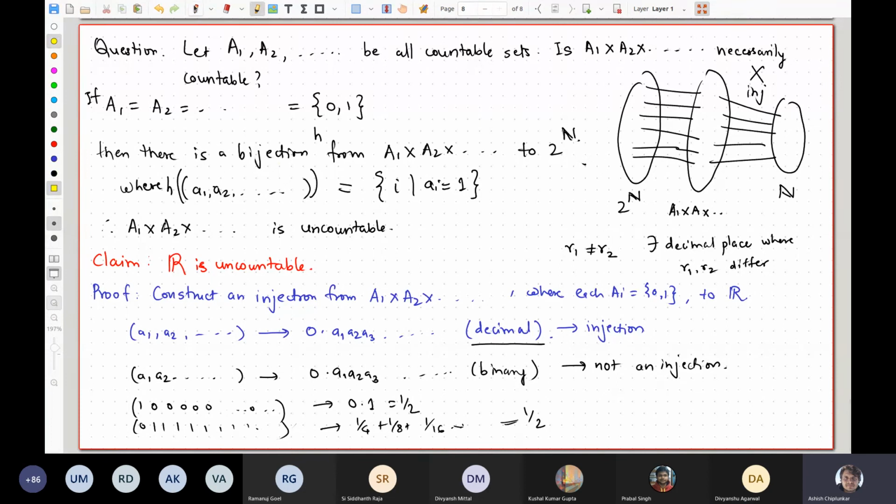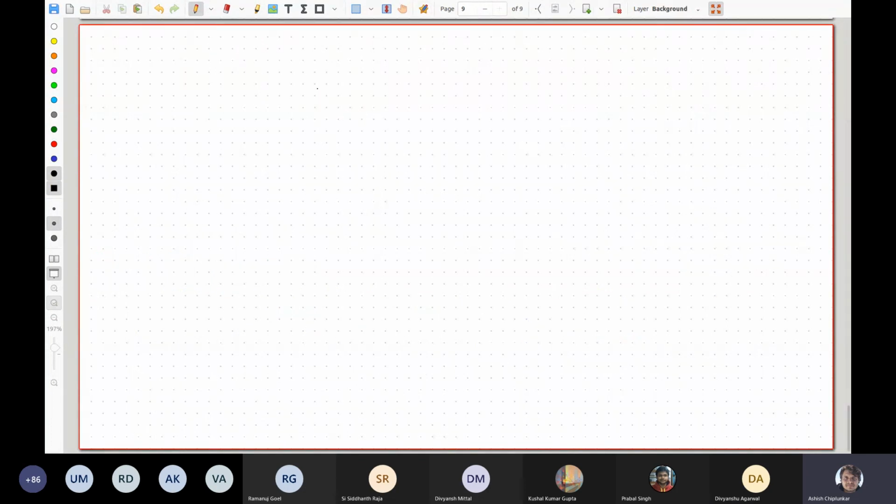Consider any number system, let's say base b. Let me add a page. Let us say you have a number system where your alphabet is 0 through b minus 1.